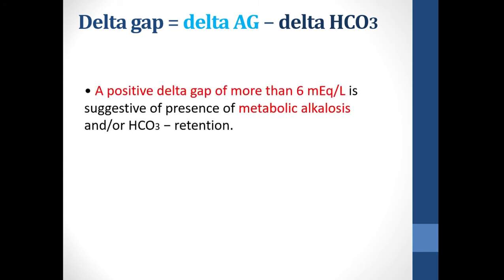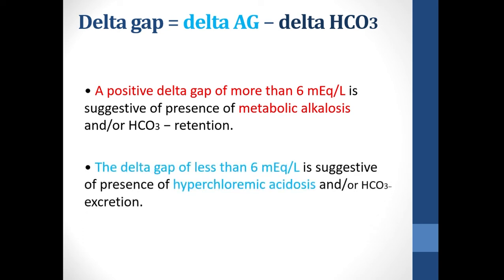A positive delta gap of more than 6 milliequivalent per liter is suggestive of the presence of metabolic alkalosis, or HCO3 retention. How does this come about? This means that there is addition of HCO3.